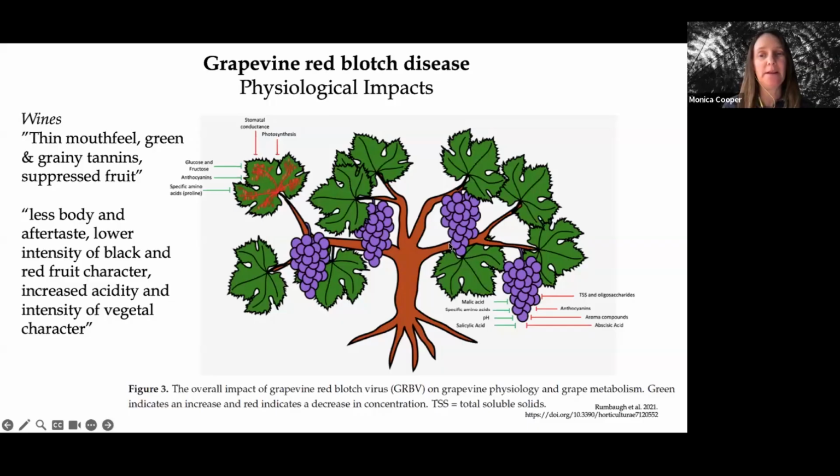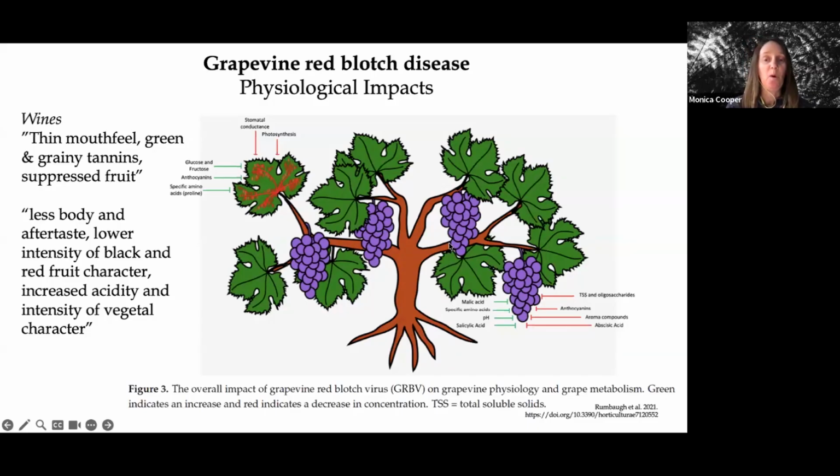They accumulate in the leaves and they're not transported into the fruit. So if you're trying to ripen your fruit, there are very clear impacts on ripening. Sugars and anthocyanins and other aroma compounds do not accumulate in the fruit, until you end up with fruit that doesn't have a lot of great flavor or color. And it also is very low in sugar content.